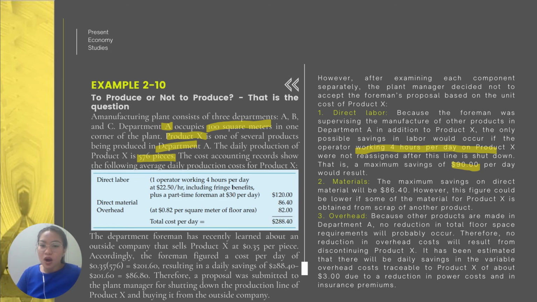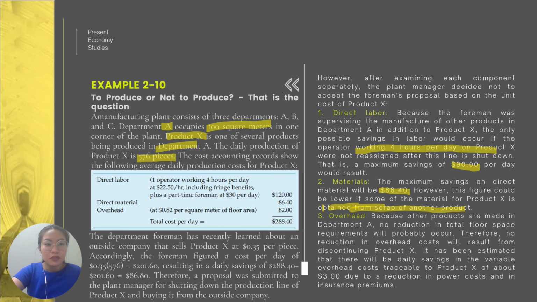Okay? Ang second is the materials. Ang maximum savings on direct material will be 86.4. However, this figure could be lower if some of the material for product X is obtained from scrap of another product.